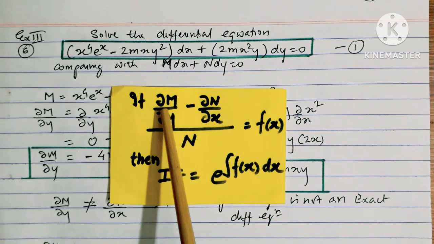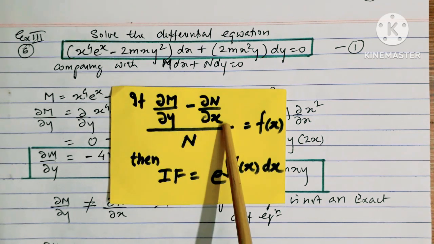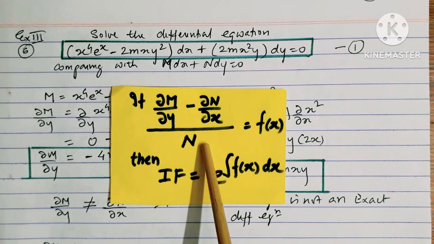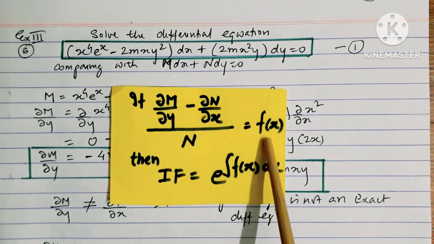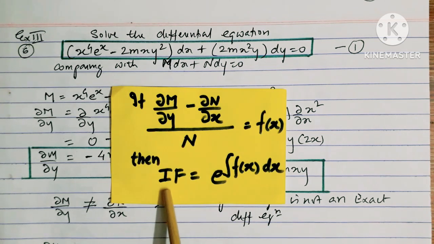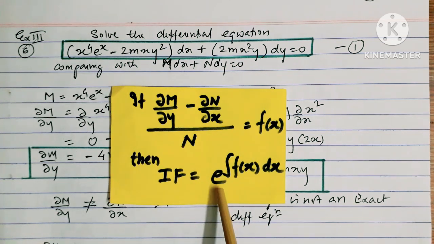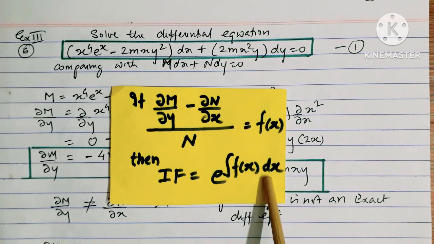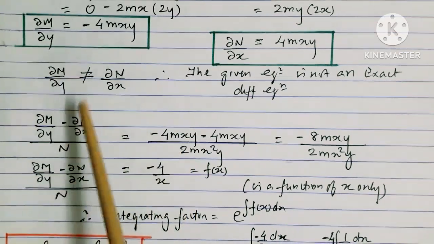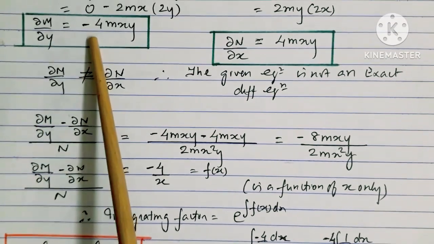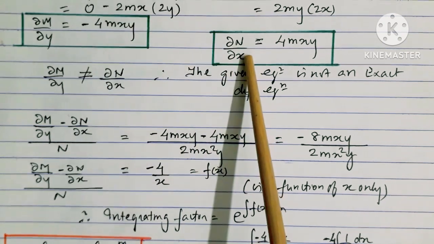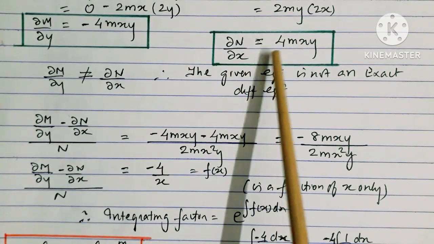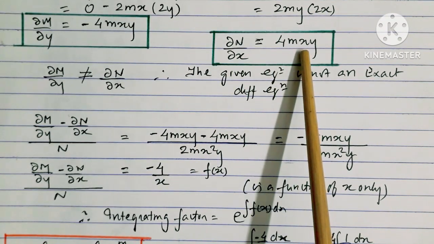Now if del M by del y minus del N by del x upon N is a function of x only, say f of x, then the integrating factor is equal to e raised to integral f of x dx. Now del M by del y equals to minus 4mxy and del N by del x equals to 4mxy.